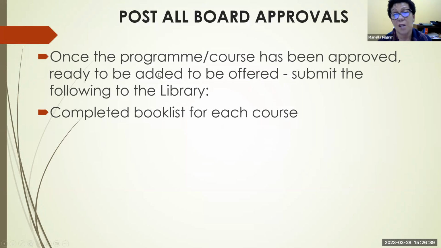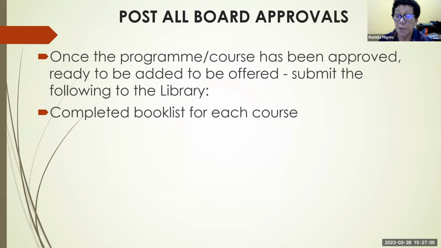Once more, this is just an addendum: once you have gone through all board approvals, remember to send that completed book list for each course to the library. In the past, when we got the course proposal and started working on it, we would automatically start purchasing the items that we didn't have.